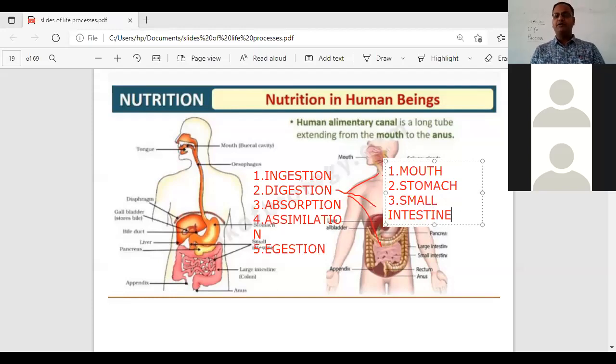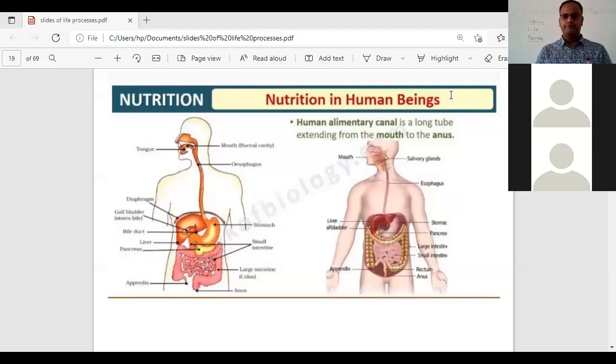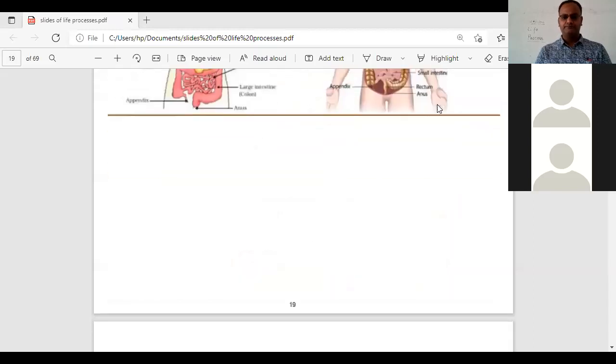So mouth, stomach, and the small intestine. And that is why we said the digestion is a vast area, because the process of the digestion we have to study under the three subheadings, that is mouth, stomach, and the small intestine. Is it clear to all? Is this clear to each and every student? Okay, fine.